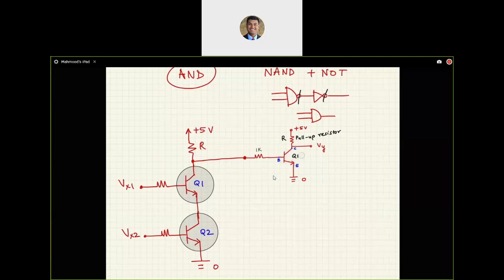I can no longer call this Q1 because I've exhausted Q1. Let's see what else will change. Nothing really. So I've got Q1, Q2, and let's call this Q3.